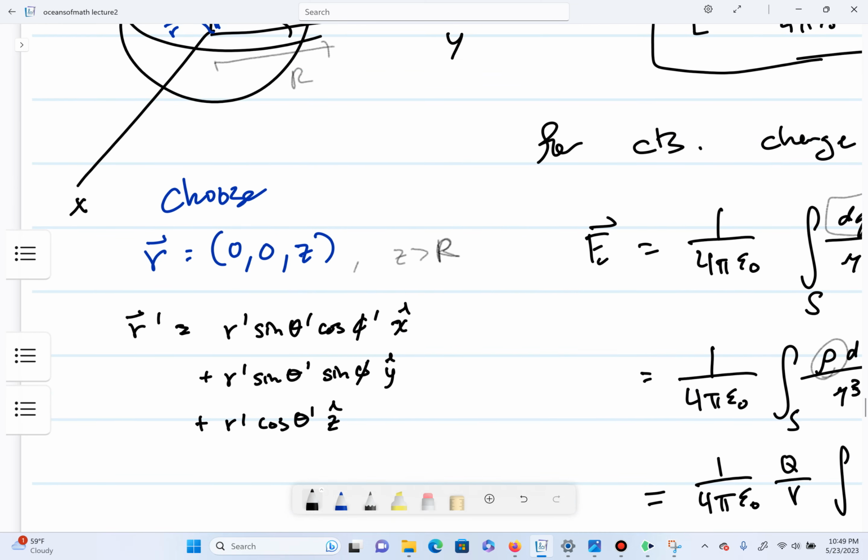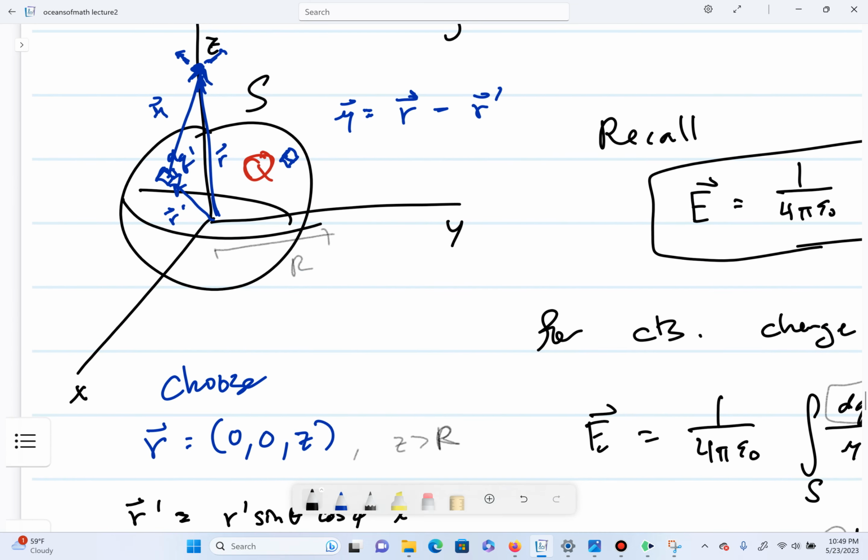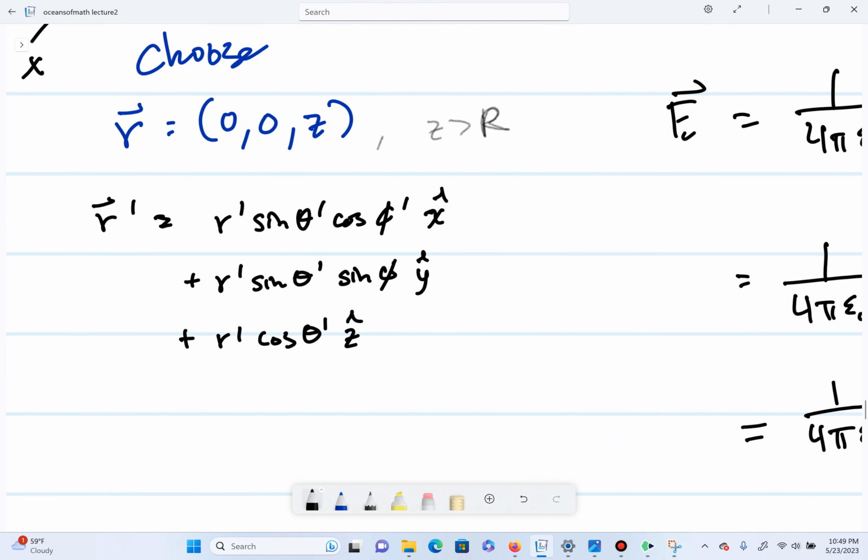This is just the polar coordinate expansion of a point on the sphere we're integrating over. So here's r prime, and we've taken Cartesian basis vectors, but their components are in polar coordinates.